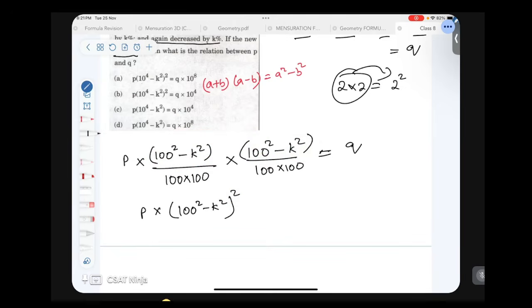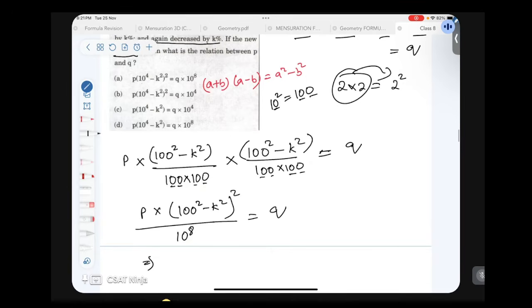Divided by 10 to the power 2, that means two zeros. 1, 2, 3, 4, 5, 6, 7, 8: 10 to the power 8 means 8 zeros. That's what we mean by this, which is equal to Q.